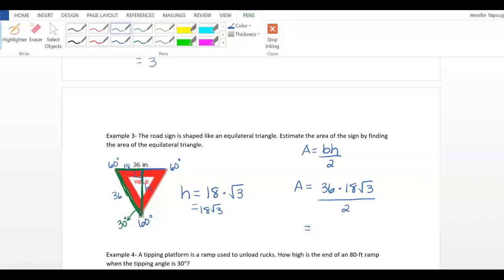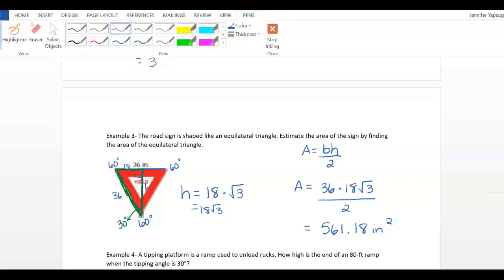So when you type all of this in, you're going to get 36 times 18 times root 3, and then press enter and then divide everything by 2. And you should get an answer of 561.18 inches squared. And that gives you your area of this equilateral triangle.